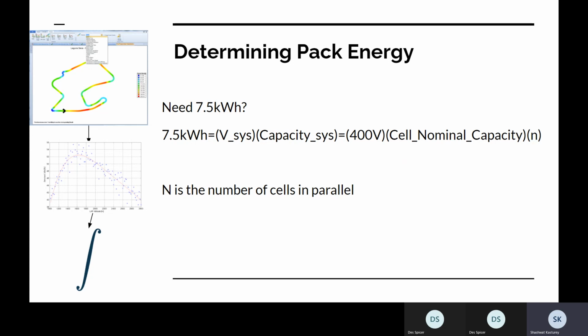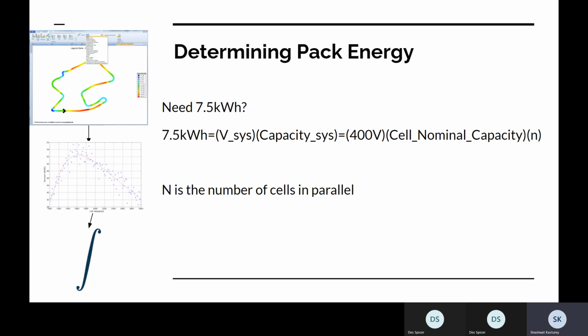The energy expended in 1 lap, we multiplied by 14, or however many laps of endurance we had. And we got the amount of energy that we need to complete endurance. I believe that was 7.5 kilowatt hours to complete 14 laps of this endurance track.